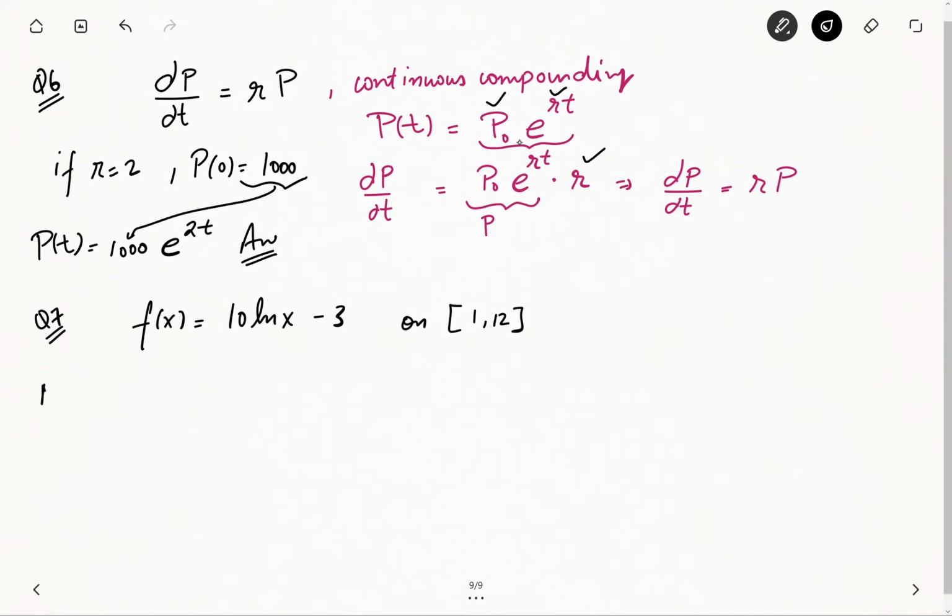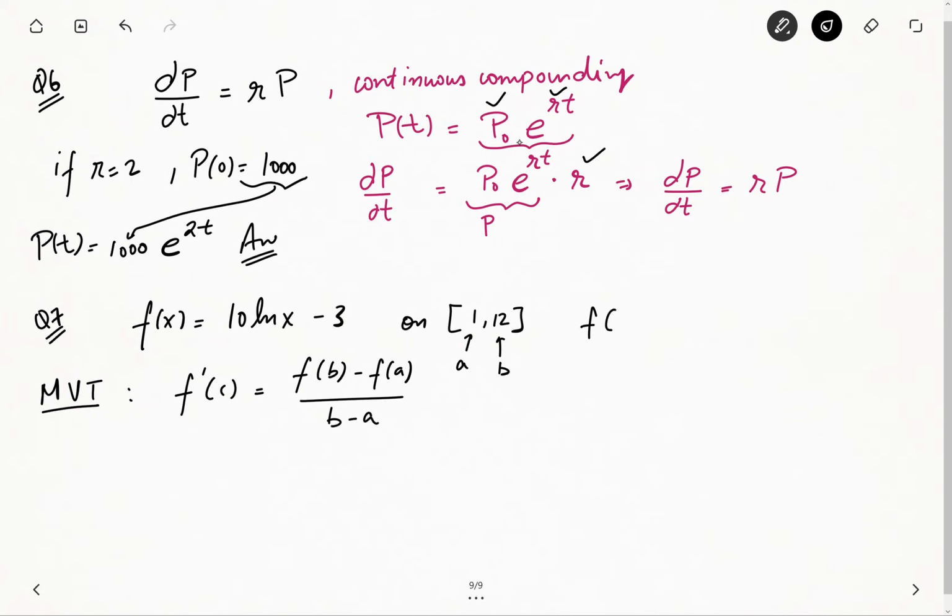The mean value theorem, I'm going to write it as MVT, tells you that the function's derivative at c, some number, which represents the slope of the tangent line, must be equal to the slope of the secant line. So that must be equal to f of b minus f of a divided by b minus a. In this case, our a value is that, and our b value is that.